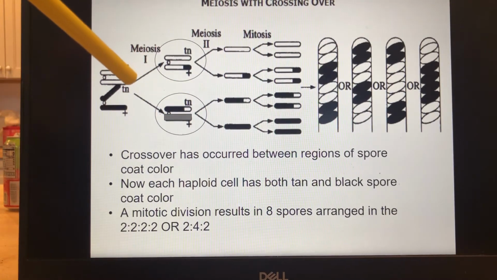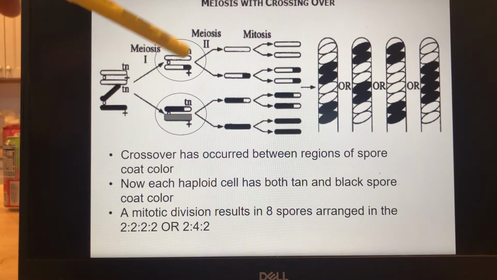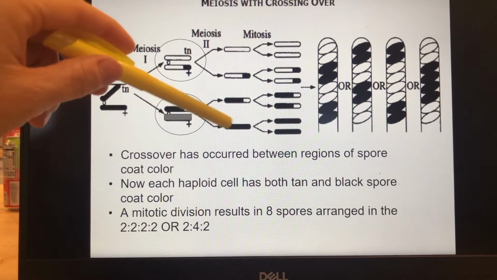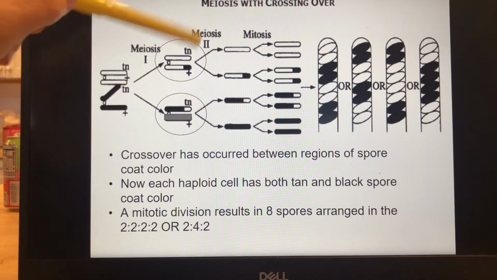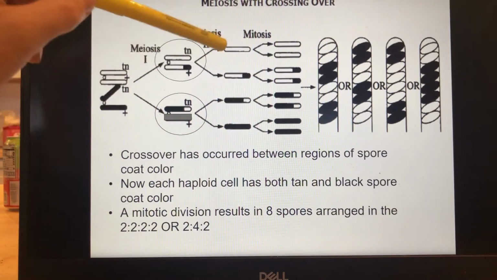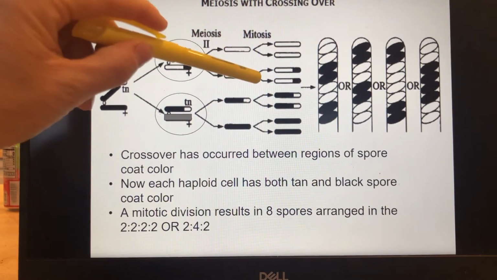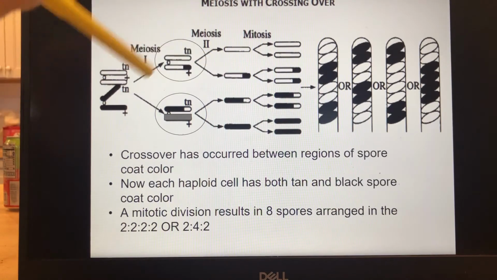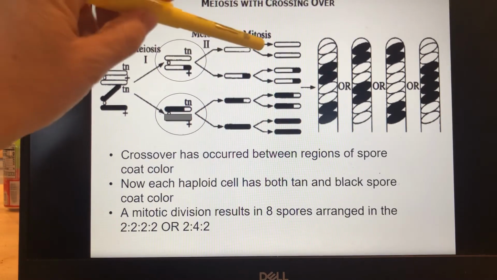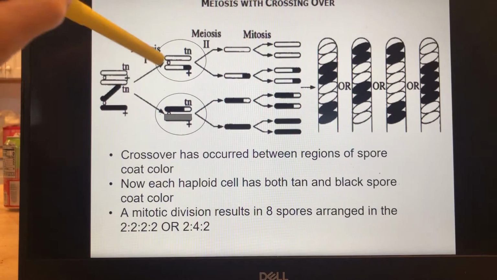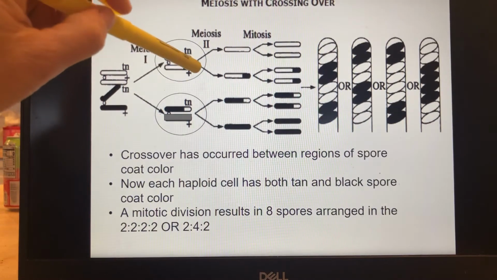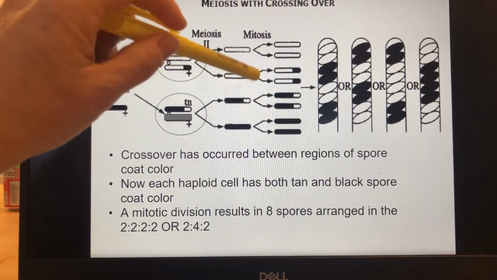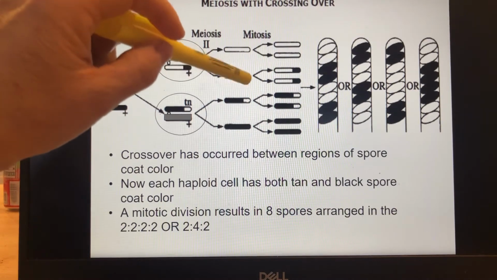So now what's going to happen is all of these guys are going to come over after meiosis 2, and we have 1 white spore, 1 spore that has the same, or I should call it tan, but it's colored white. Then we have 1 that, because of crossing over, inherited the black spore color. So that's what that's showing.